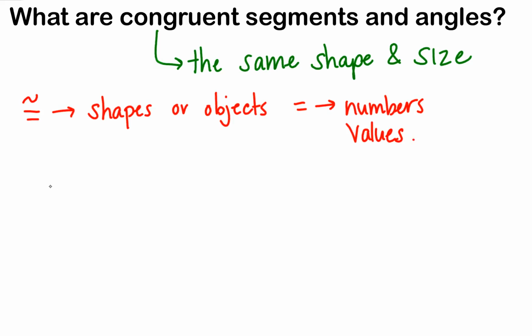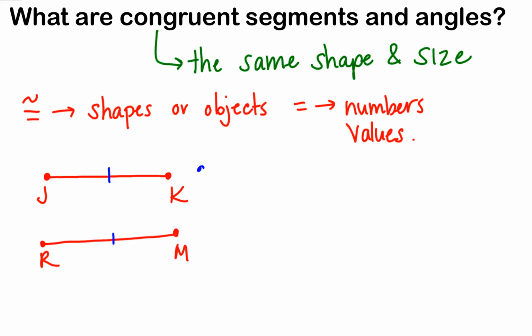So if I had two congruent segments, let's say this is JK and this is RM, I would say that these have equal lengths, that they're the same size, and I can mark them as being congruent with one mark.